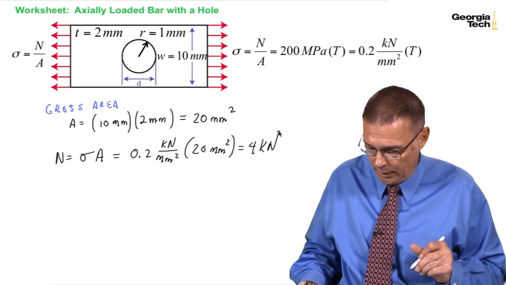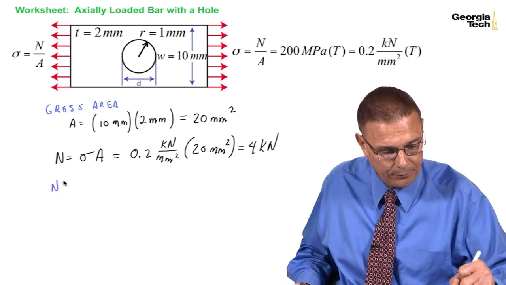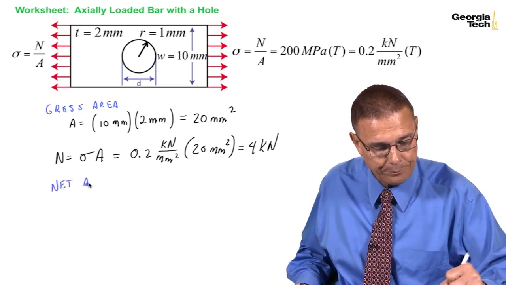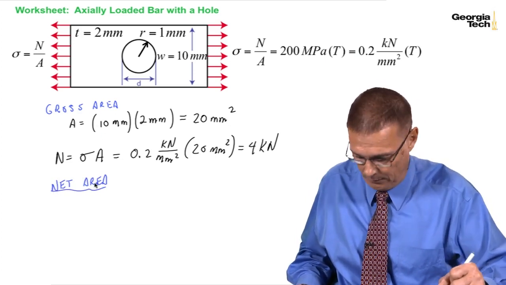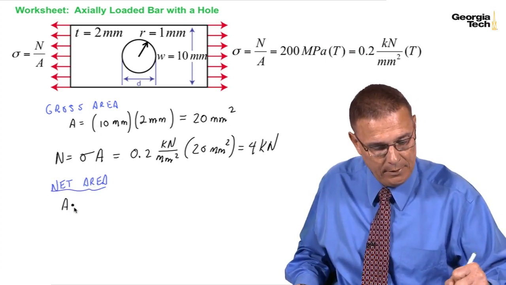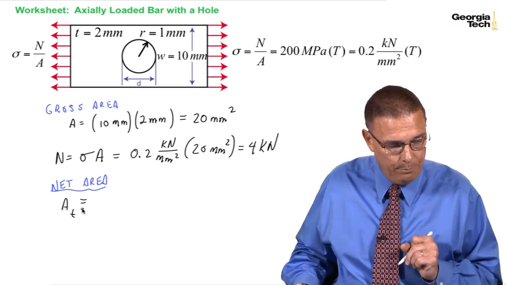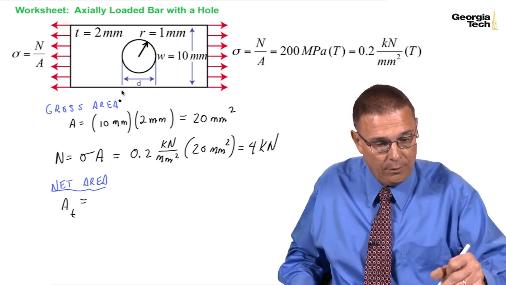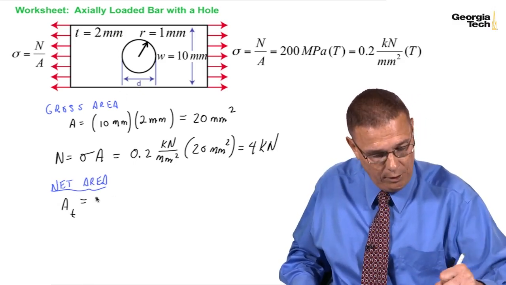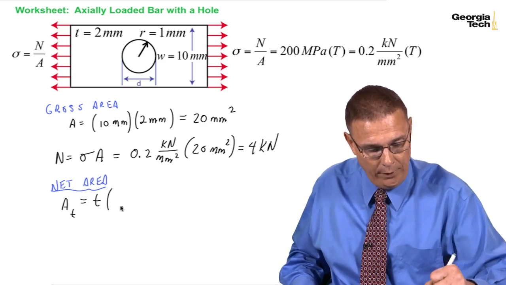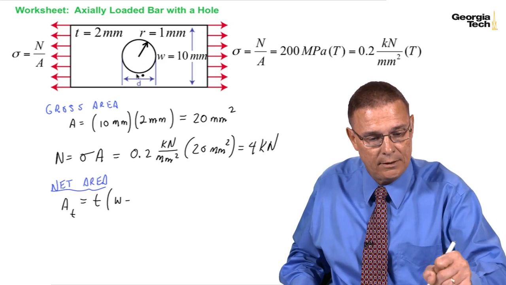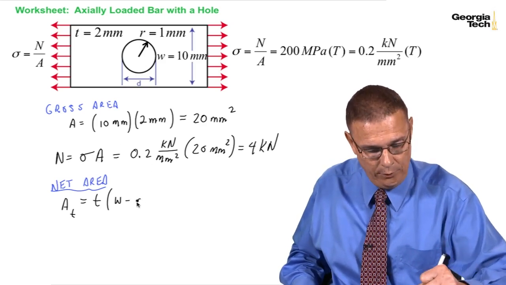Finally, let's look at the net area at the discontinuity. We'll call it A sub t. Our thickness is the same, so that's going to be t times the entire width minus the diameter of our discontinuity, or the hole.